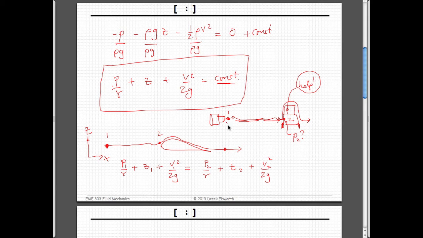So we have a streamline velocity at point 1. We have a fluid pressure at point 1. And we have an elevation at point 1. If these are basically at the same height, which they are, right? This is our z-coordinate system.